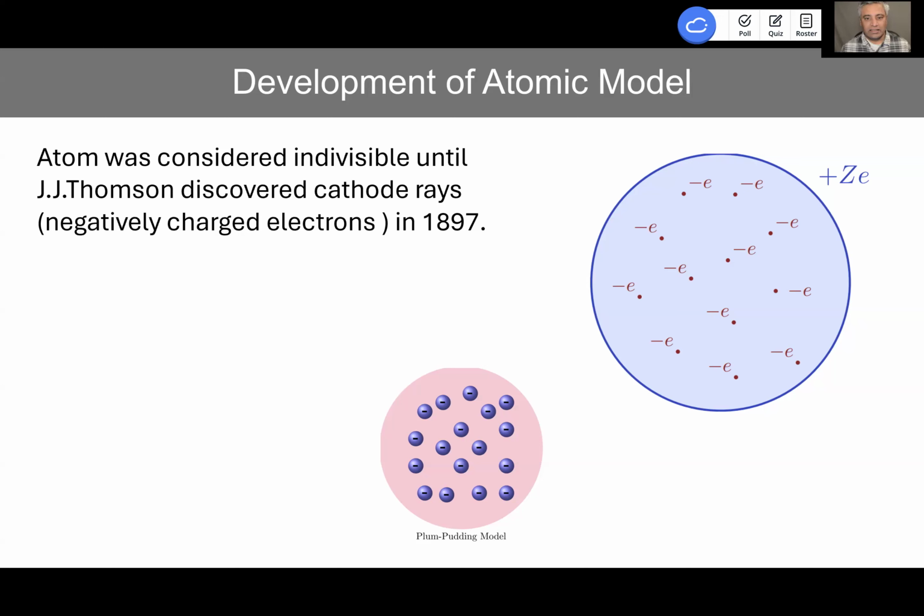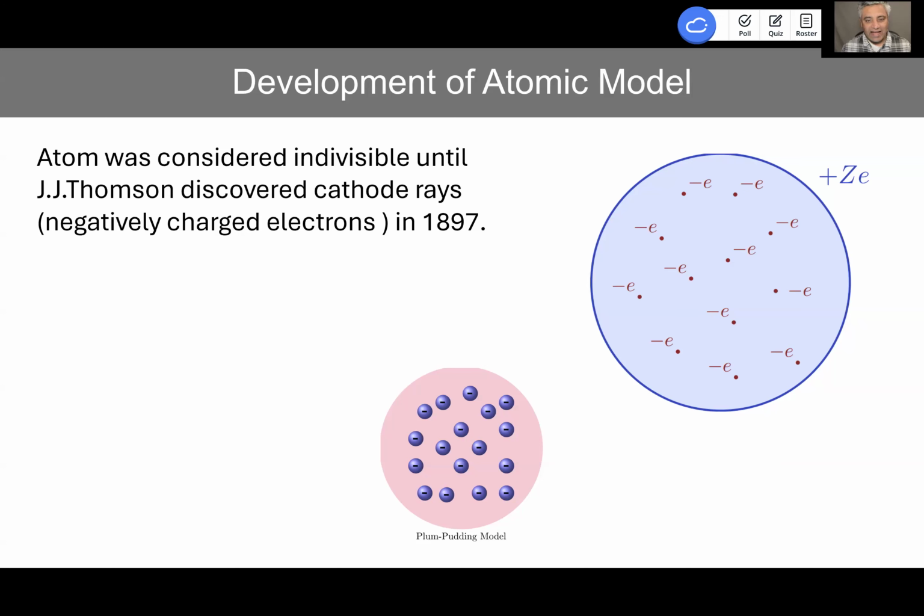The Avogadro's number basically assumes that the atom is the smallest unit of matter. You keep breaking matter into smaller and smaller pieces, and by the time you get to the atomic level, you cannot break it apart anymore. That's what it assumes.